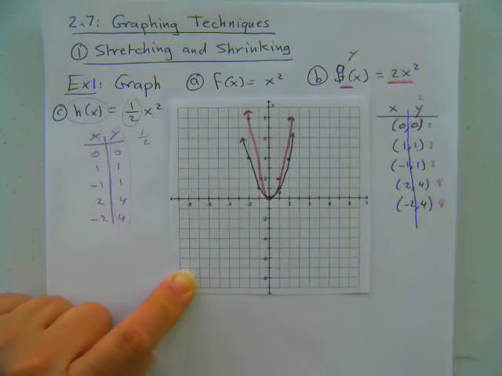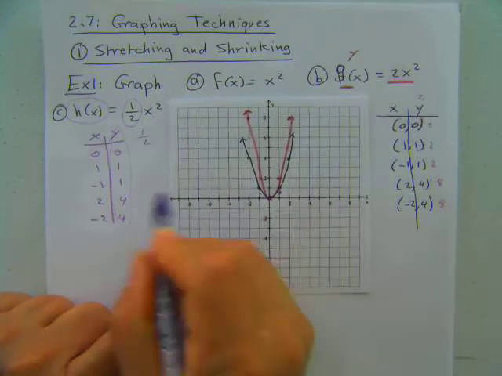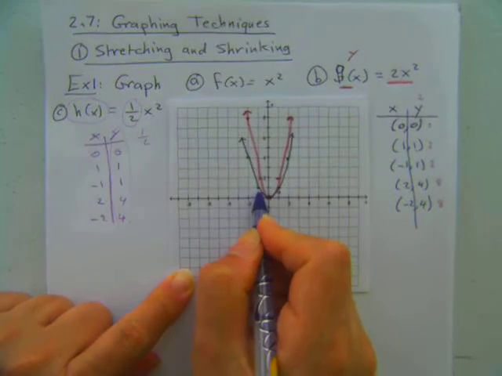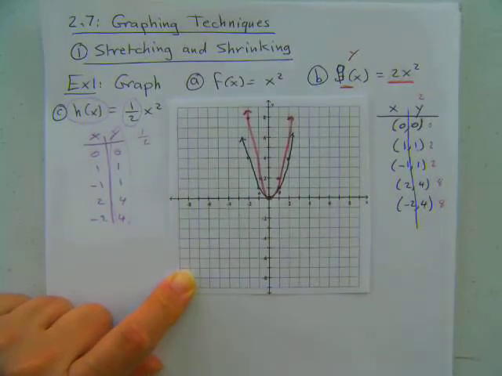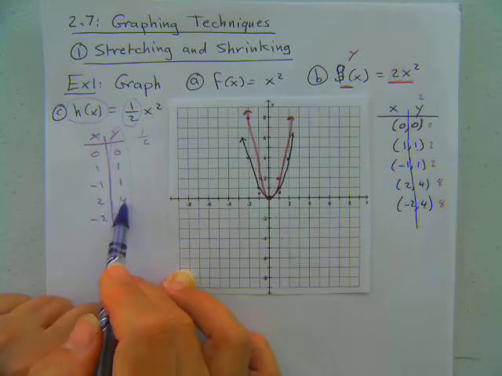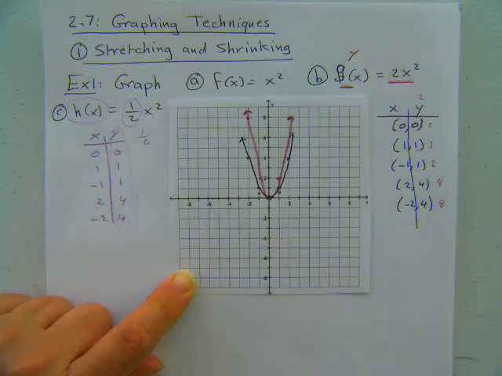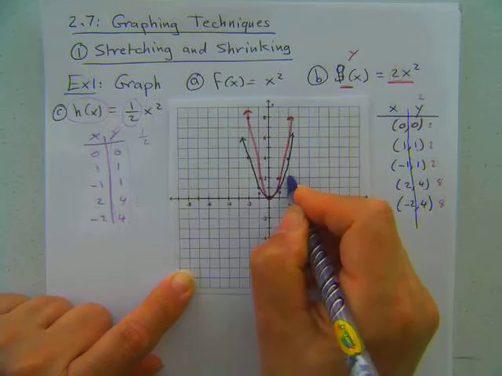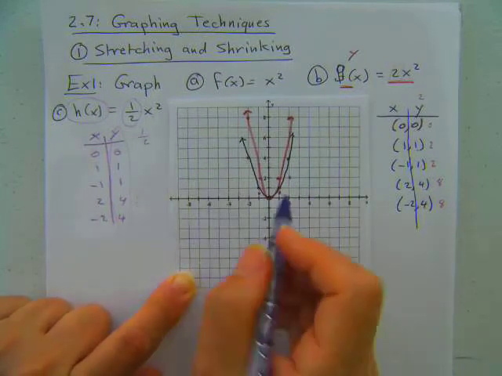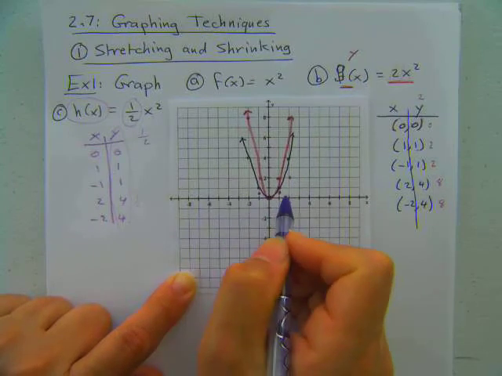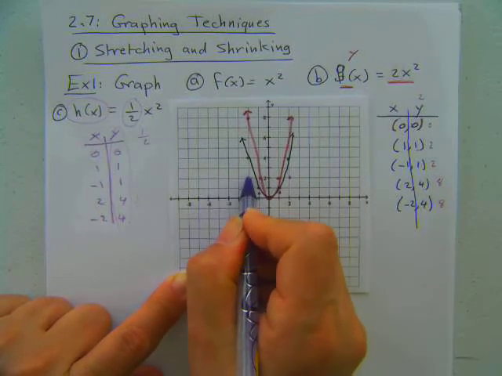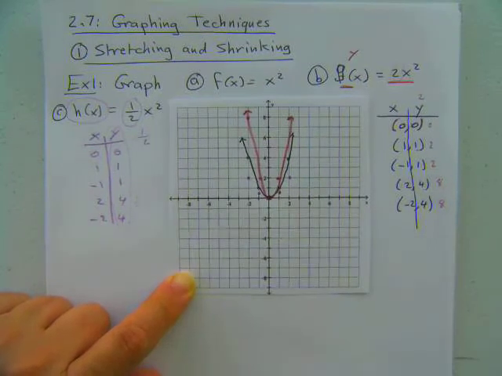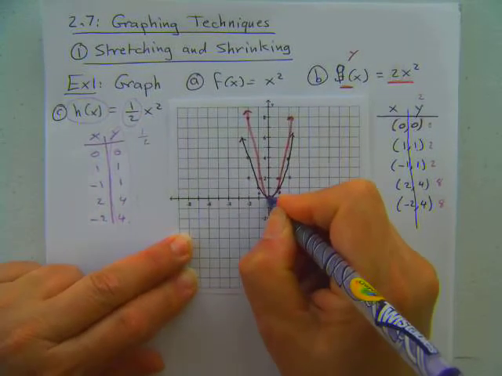When x is negative 1, again multiply the 1 by 1/2. Now, when x is 2, instead of 4, again multiply the 4 by 1/2, it will be 2. So 2 and 2. When x is negative 2, it's positive 2 because the 4 is multiplied by half. Let's look at this parabola.